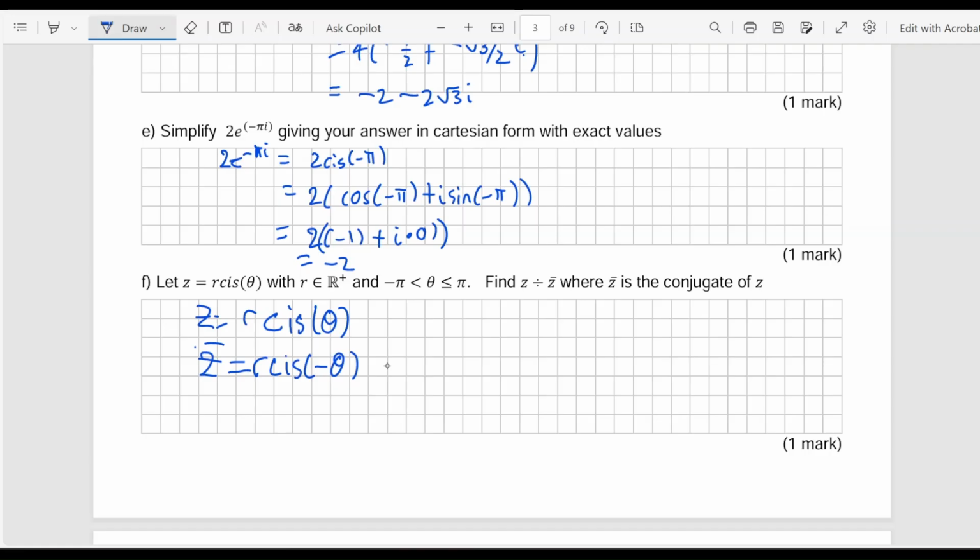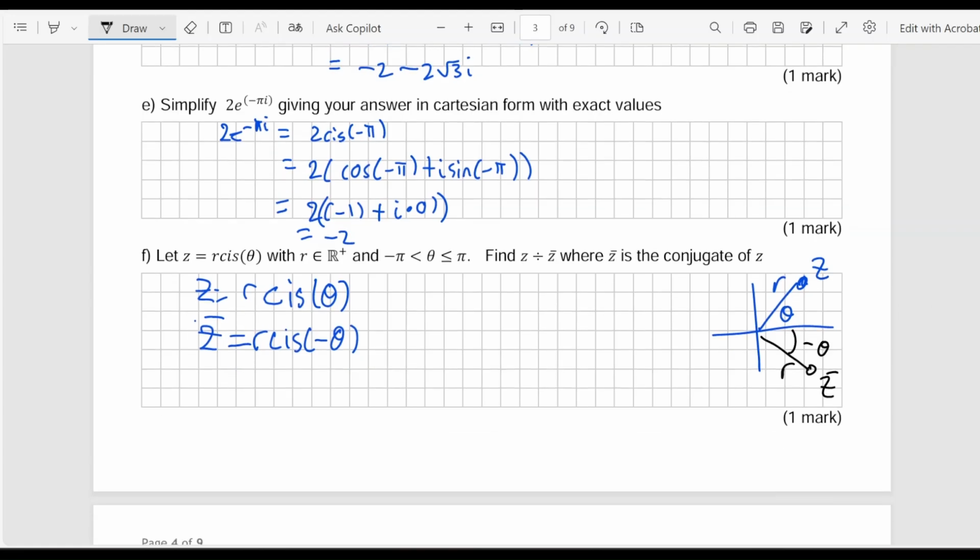Now, if we think about why this is true, with z, we're making sort of an angle with the x-axis. So there's r, there's theta, and that is z. Now, if we look at z conjugate, it's going to be down here. So that would just be minus theta as the angle, it would still be r.